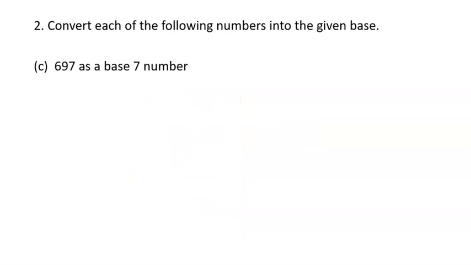Last example I gave was the number 697 as a base 7 number. Again, Euclidean algorithm style movements. So we start by saying 697 in the proper form that we want. So something times 7 plus a remainder. So in this case, 697 is equal to 99 times 7 plus a remainder of 4.